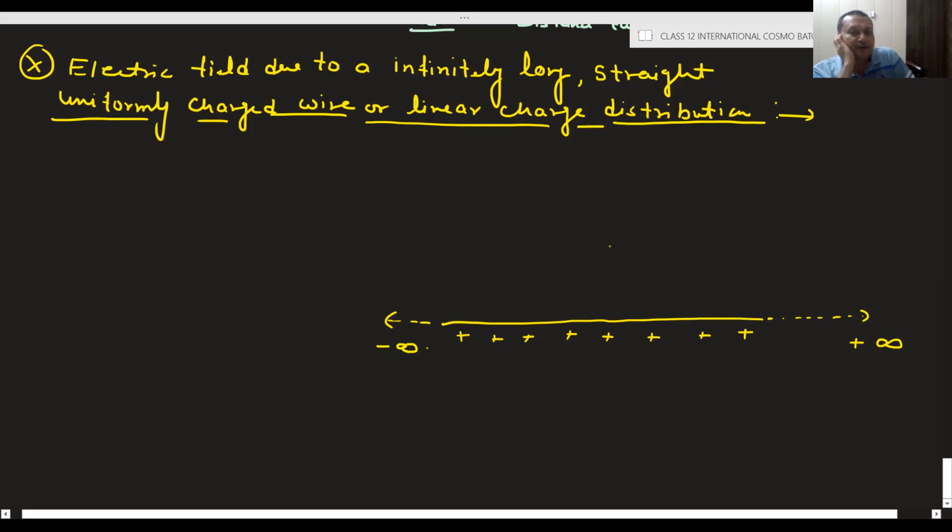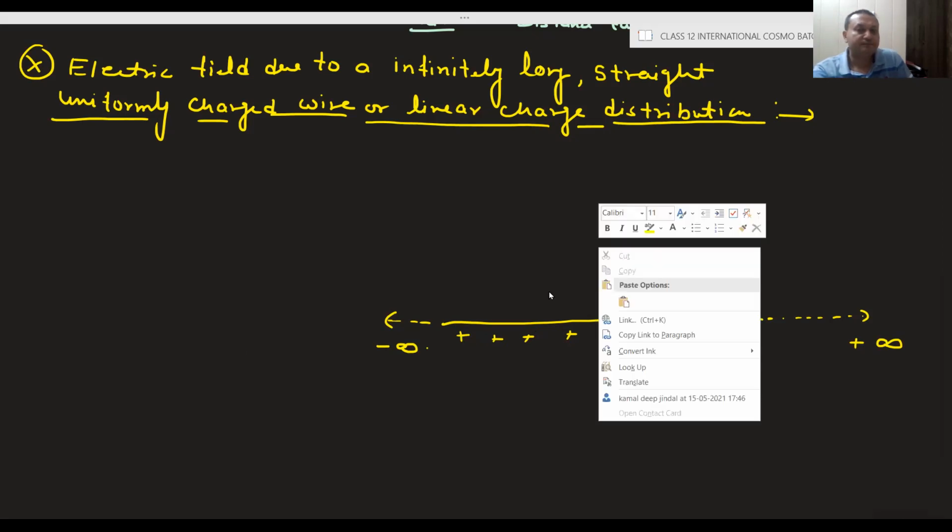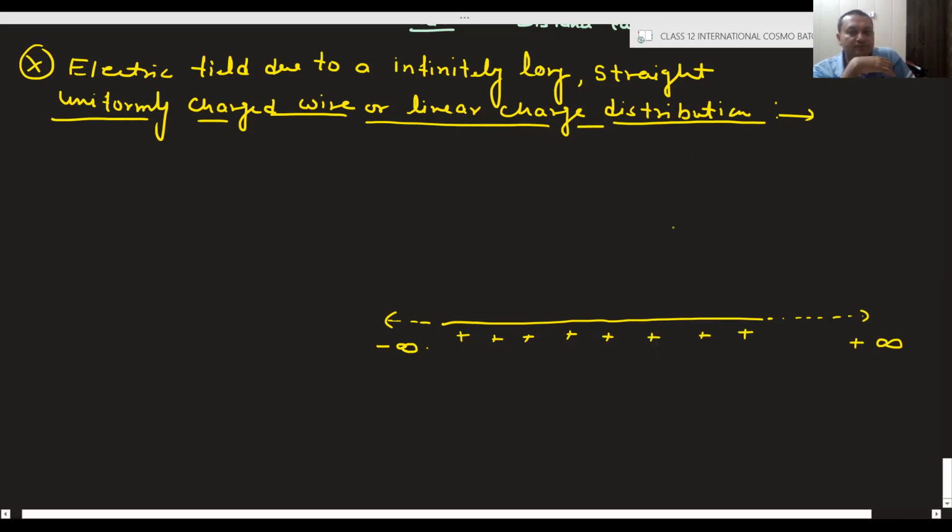So there is a point P, here is a point P at a distance R from the line. Okay, you have to find out the electric field at this point P, right?